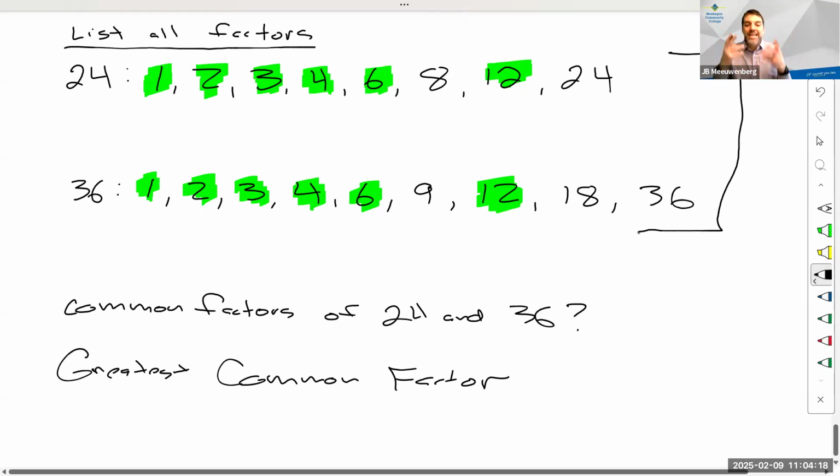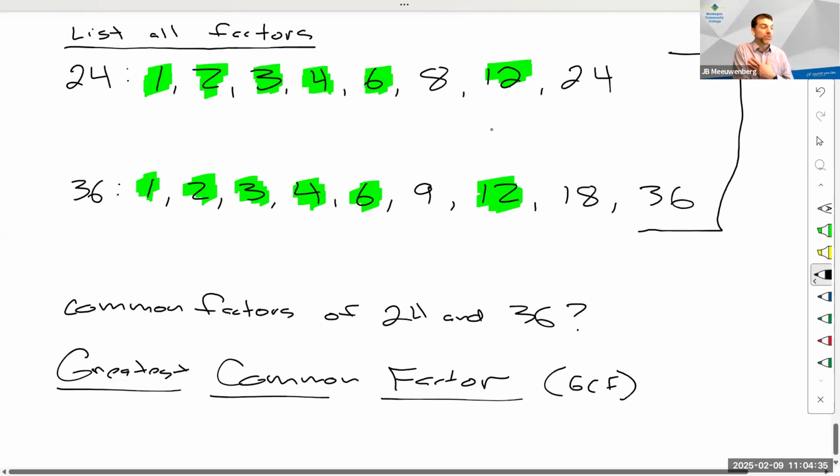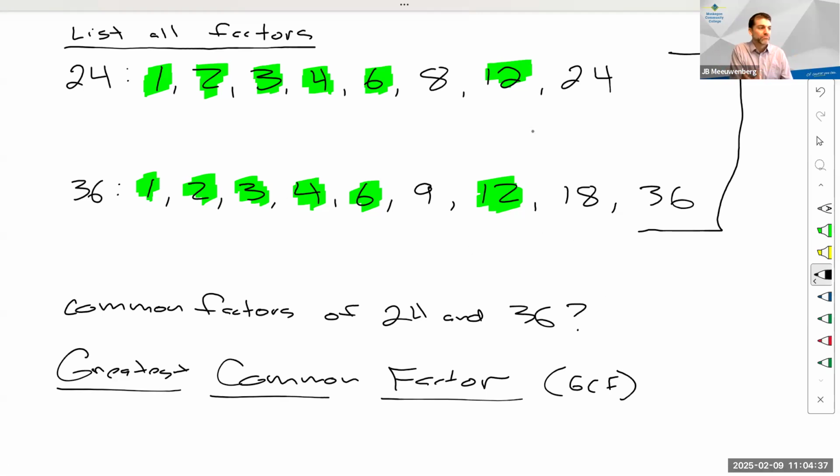When you're looking at any two numbers, there's always going to be a common factor. And therefore, there's always going to be a largest common factor. And again, we call that the greatest common factor. We often abbreviate it as GCF. So what's the biggest number in the two lists that I highlighted? 12.